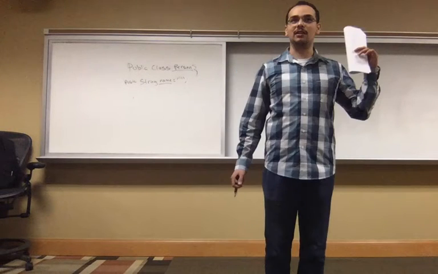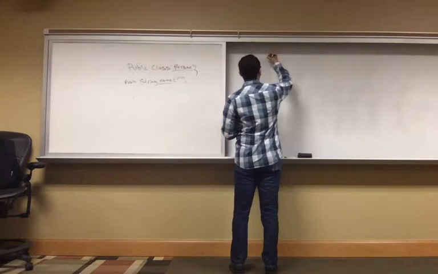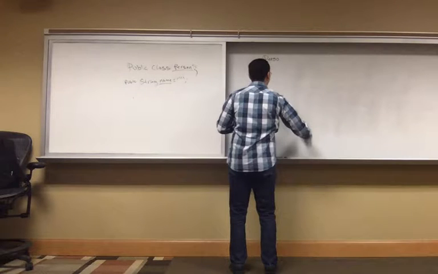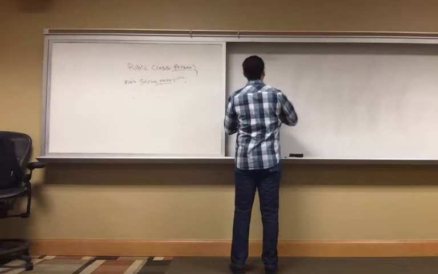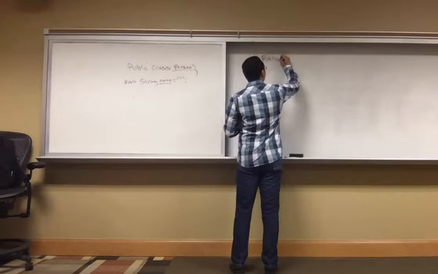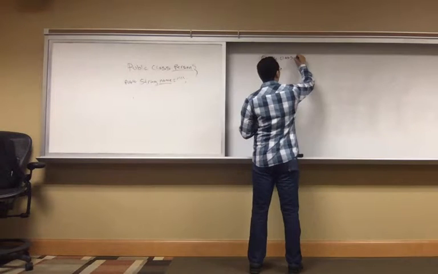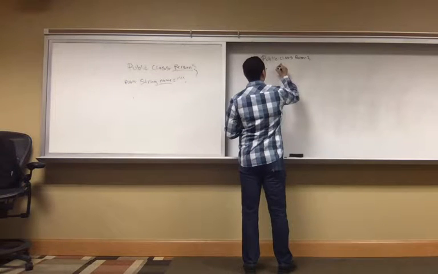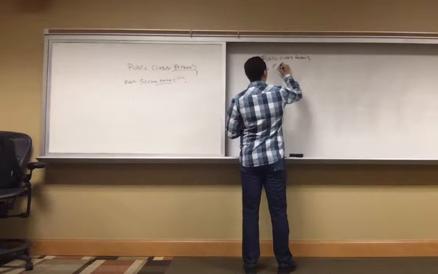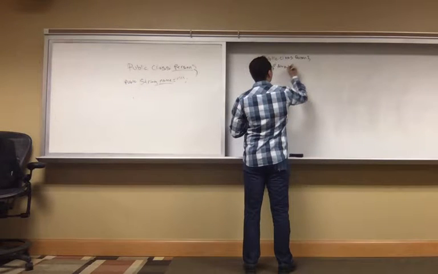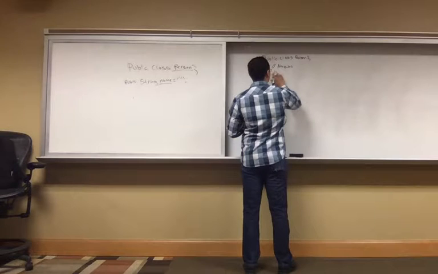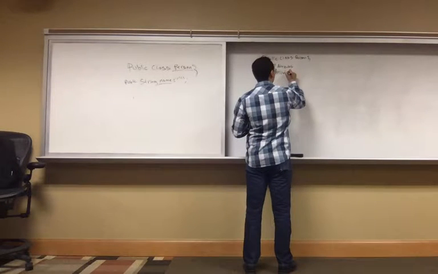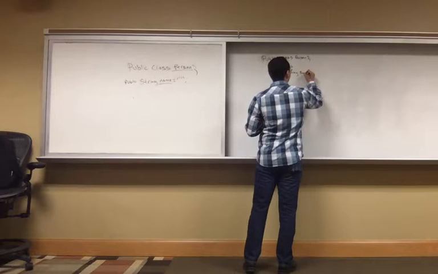Okay. So a person class, I'm going to write it again for you. I'm going to write the little structure for you. Public class person. And then you're going to have fields, you're going to have attributes. Private string name, right?